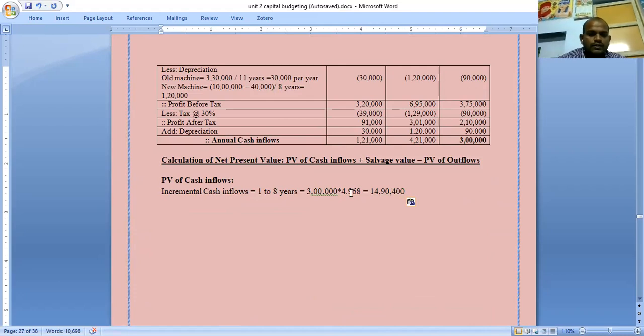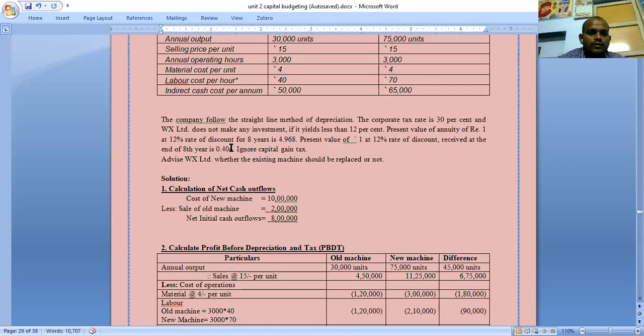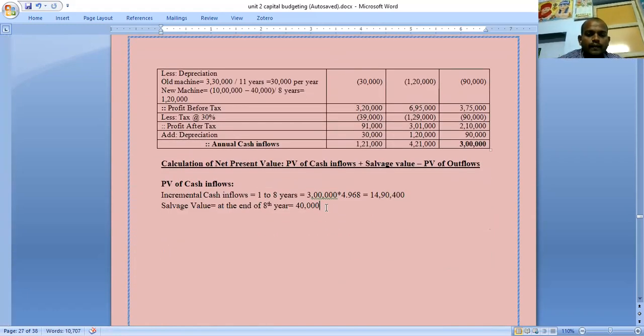So we have to convert the salvage value at the end of the 8th year with the 8th year factor, that is 0.404. It comes around 16,160.